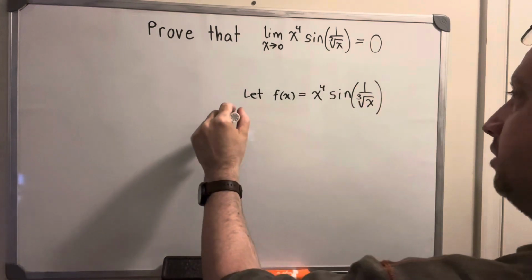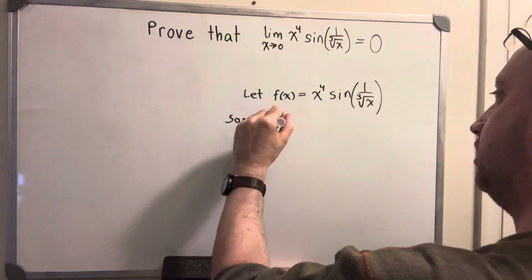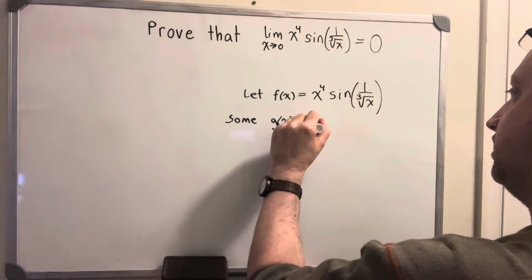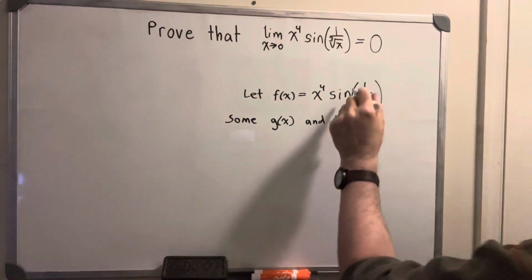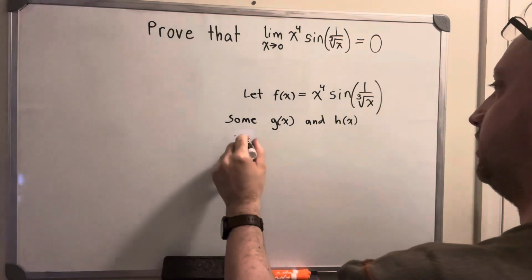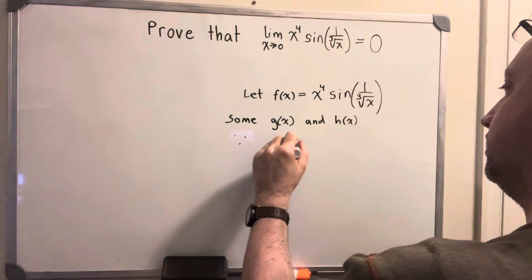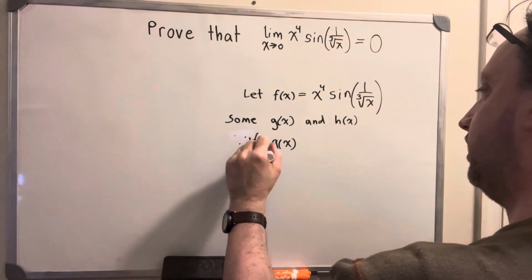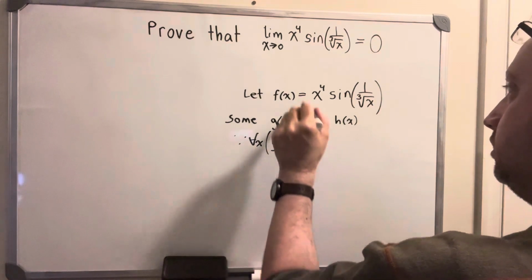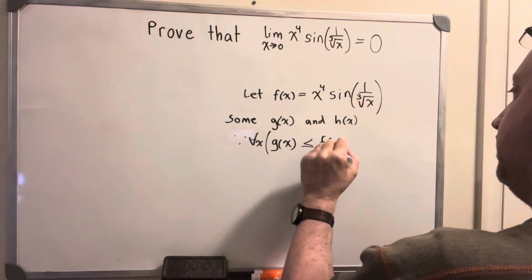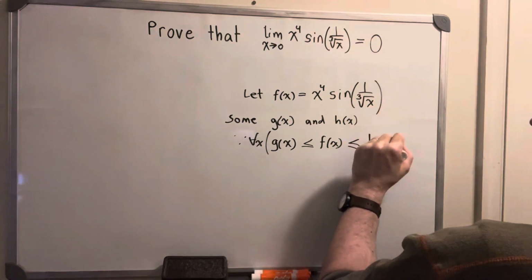Can you figure out some g of x and h of x that are a lot simpler to manipulate, such that for all x, g of x is less than or equal to this f of x, which is less than or equal to h of x?